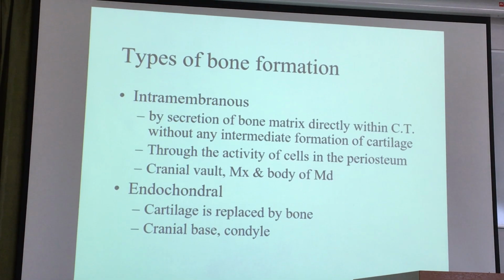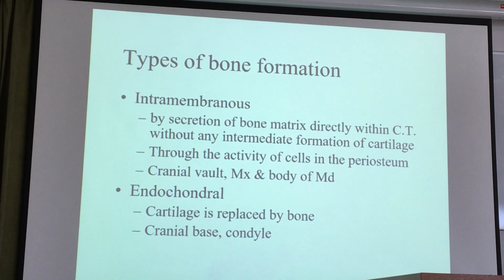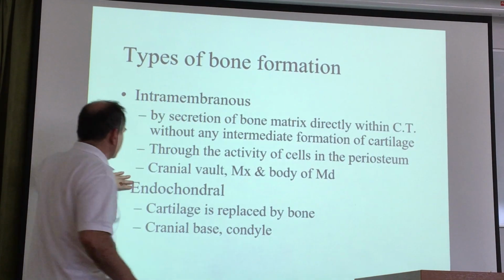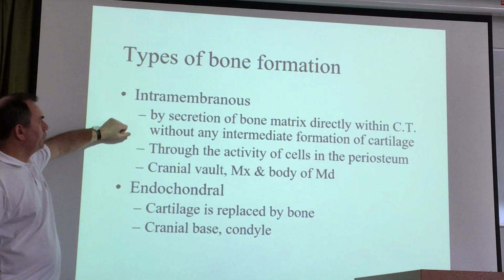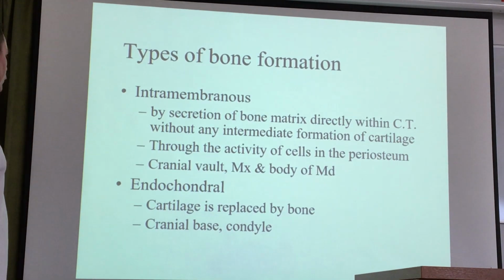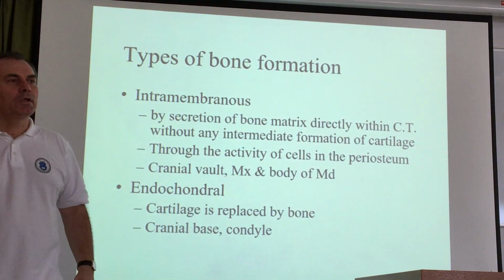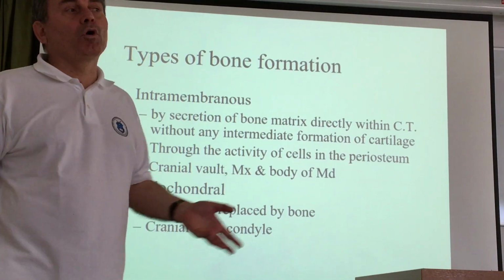And the other topic, bone formation and bone growth. In the orofacial area, we have two forms, intramembranous and endochondral bone formation. In intramembranous bone formation, the bone forms in soft tissues, for example, under the bone membrane.